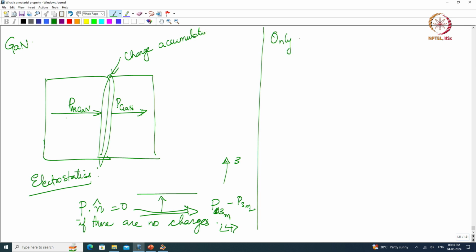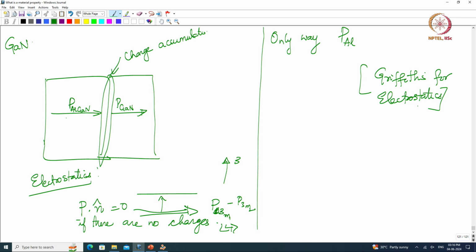This is just simple electrostatics. You can go back and look at Griffiths' book on electrostatics about the boundary conditions for Maxwell's equations.